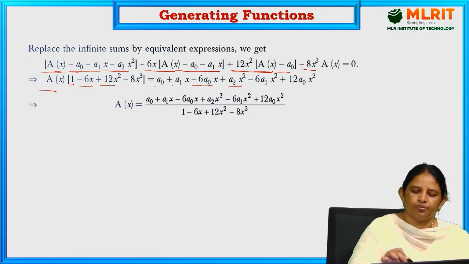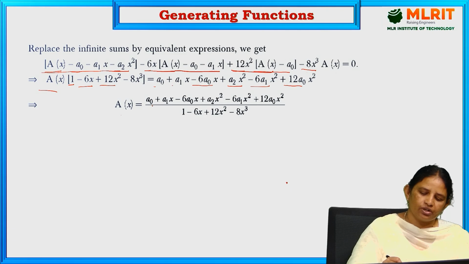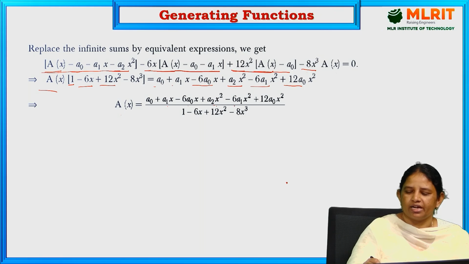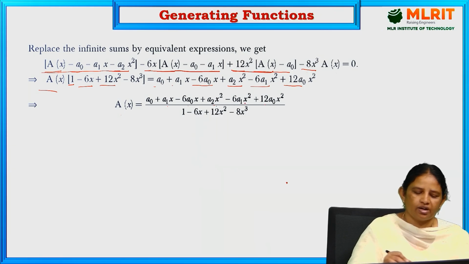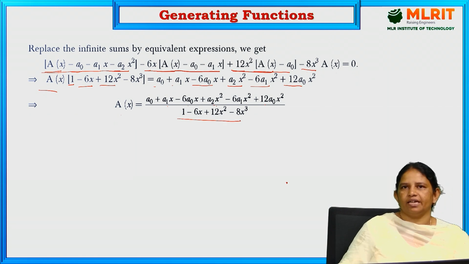Then A(x) equals a_0 plus a_1 x plus a_2 x square minus 6a_0 x minus 6a_1 x square plus 12a_0 x square, divided by 1 minus 6x plus 12x square minus 8x cube.